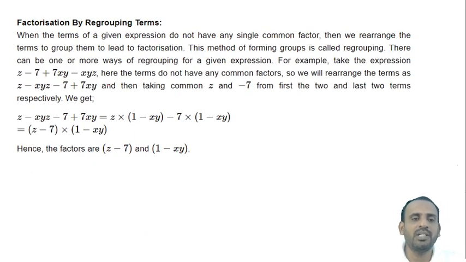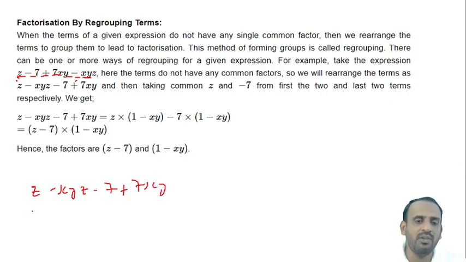Factorization by regrouping the terms. Here what usually happens is we group the algebraic expressions which are similar. For example, we have z here, then we have xyz here. So we will regroup: z minus xyz, then minus 7 plus 7xy. Now we will take this as one pair and this as another pair. What is common here?